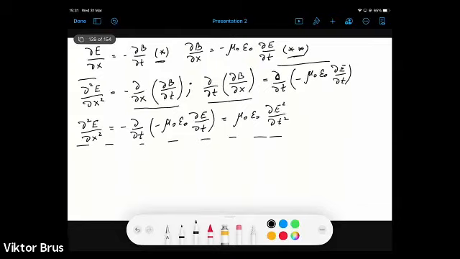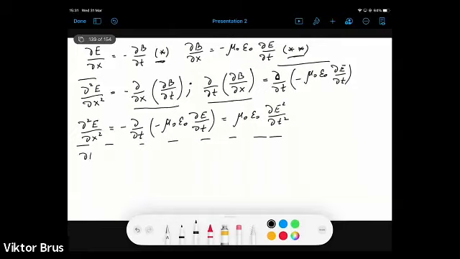The same procedure we can do for the magnetic field vector. And for that purpose, we need to combine the derivative of the double star equation with respect to x with the derivative of the star equation with respect to t. So if we do this, let us write this down here.